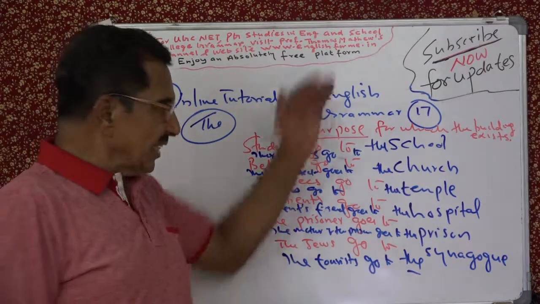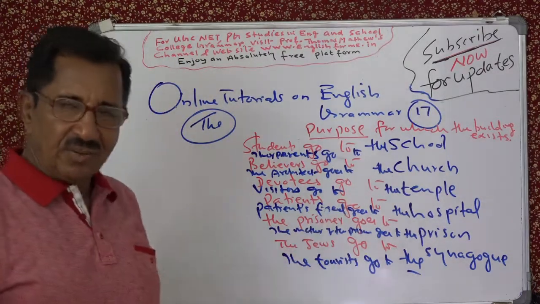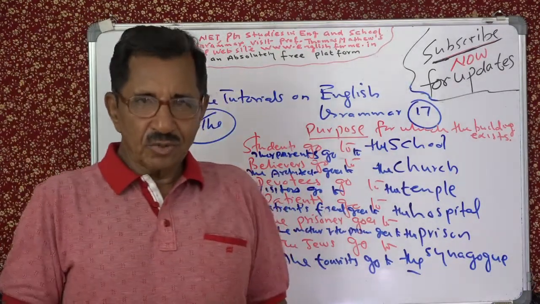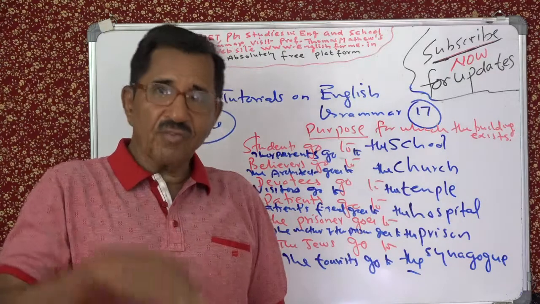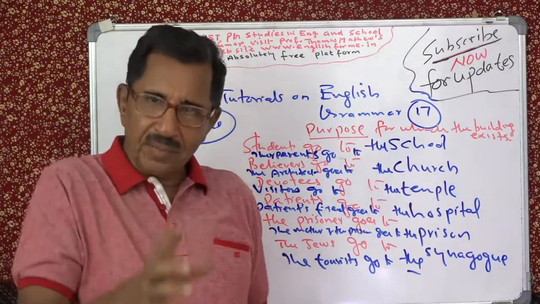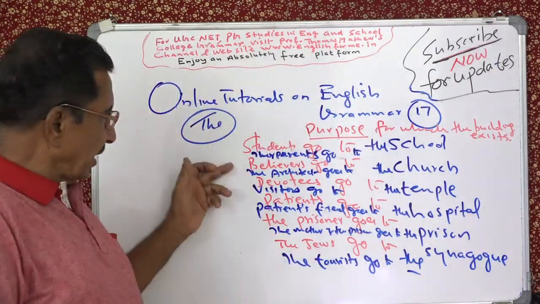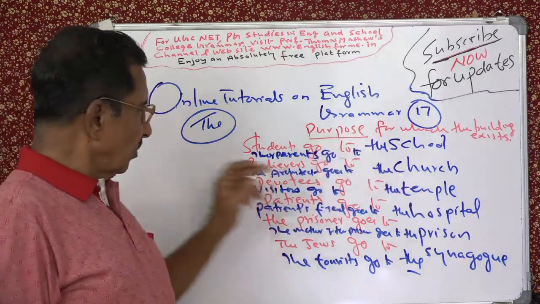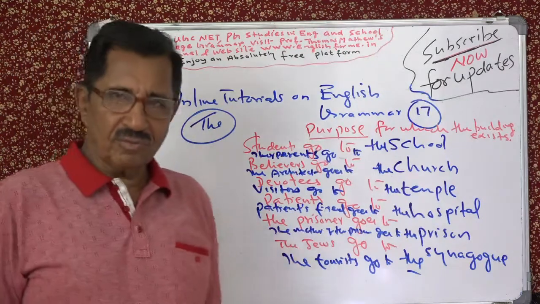Understand? So these nouns or these buildings, you can use them with the or without the. Once again, if it is the purpose, just look at this pair. This pair will tell you everything. Students go to school, their parents go to the school.